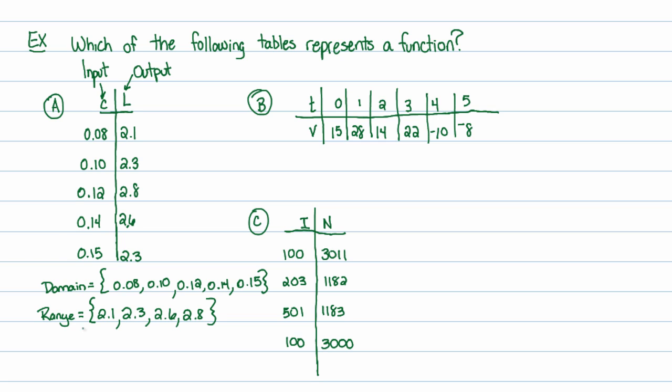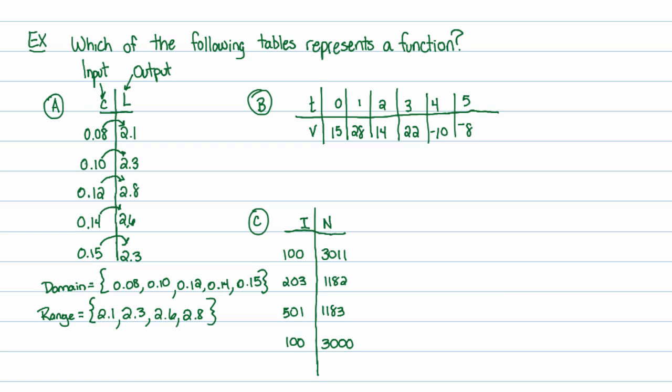There was no real question about writing domain and range, like I said, but it's always good to get in the habit of it. And the answer is yes, it is. The reason why is because each input leads to just one output. So if you look at all these inputs, they lead to one output. Now there is a tricky input that leads to an output here.